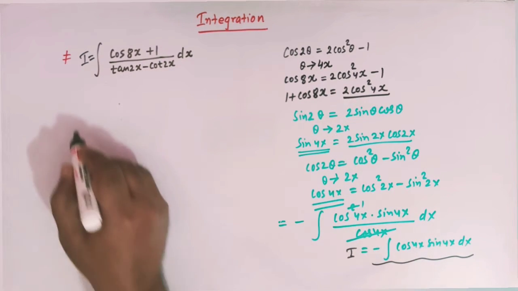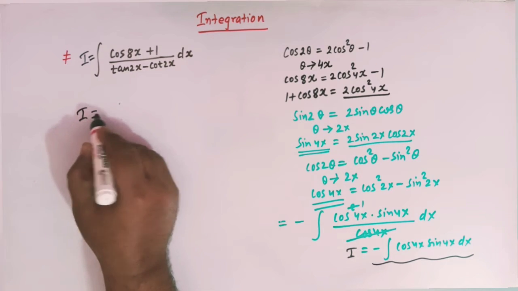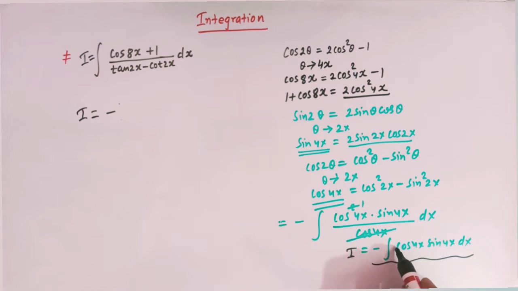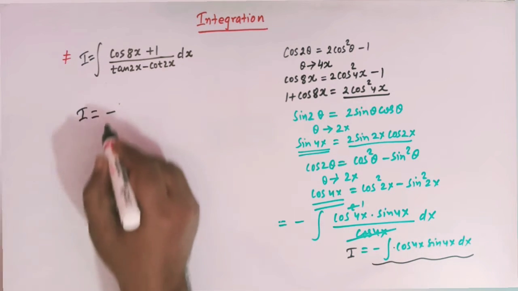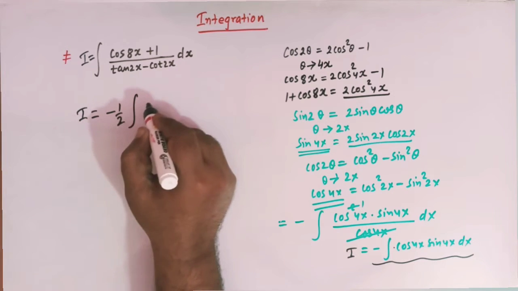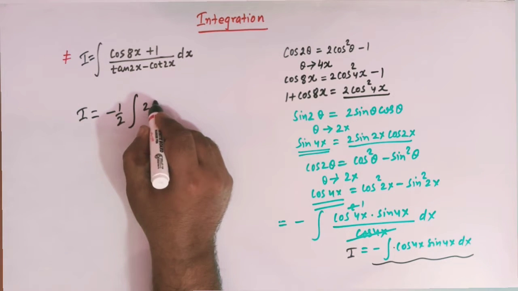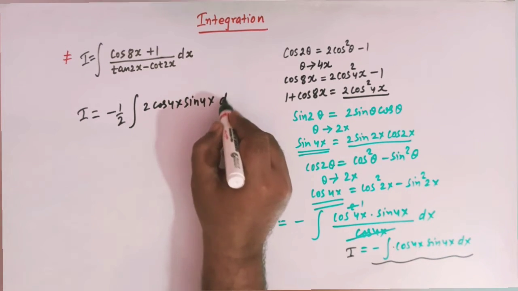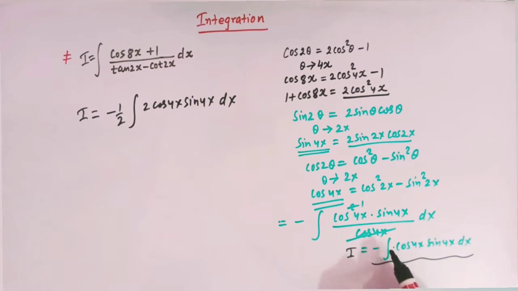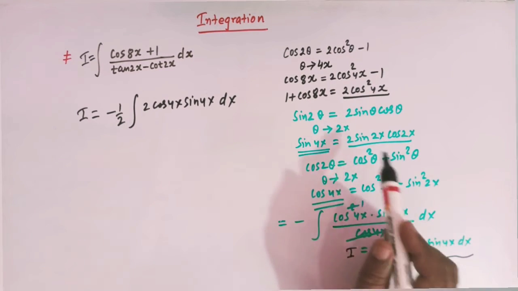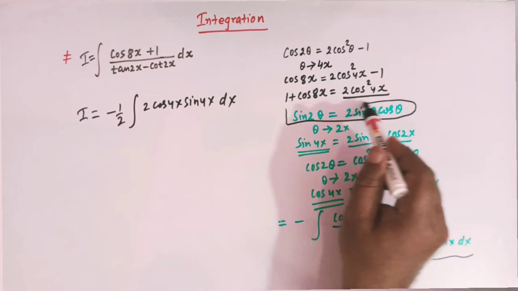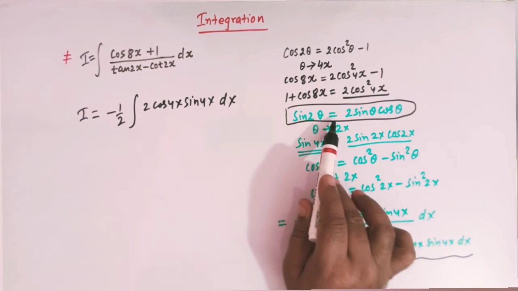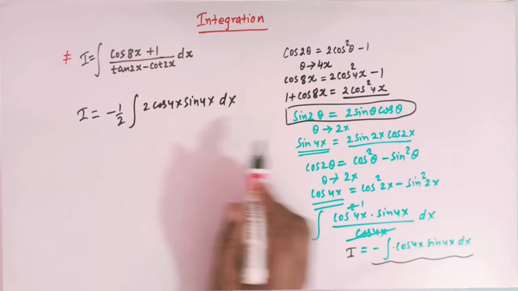So here we have I is equal to negative, and if we multiply this term by 2 and divide by 2, we can write it as half times 2 cos 4x sin 4x. Why have we multiplied and divided this term by 2? Because we know this identity: sin 2θ is equal to 2 sin θ cos θ.